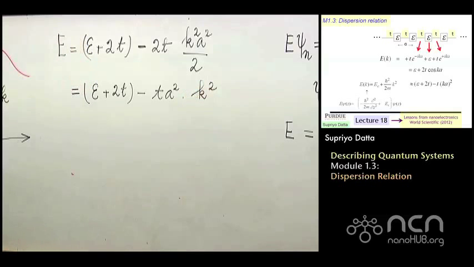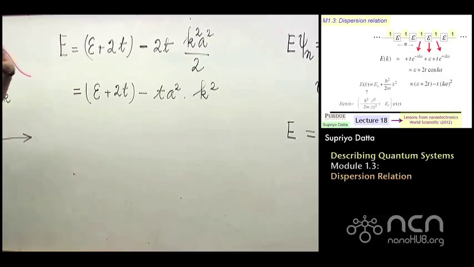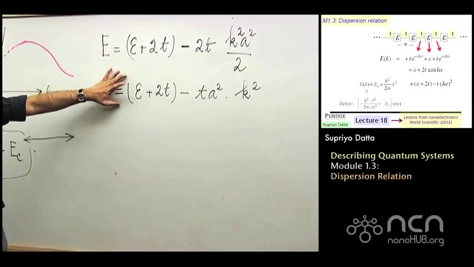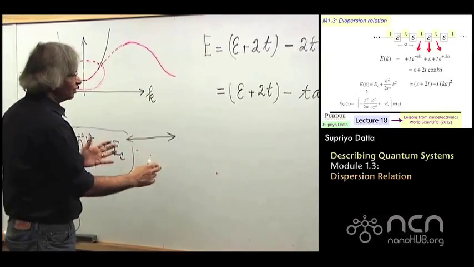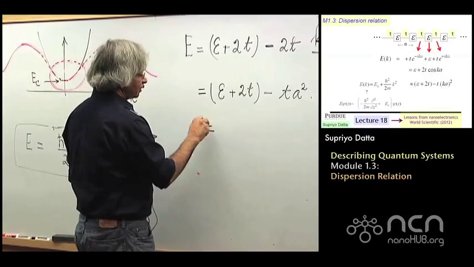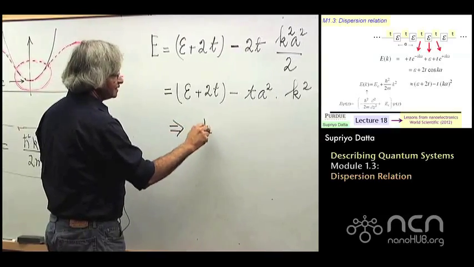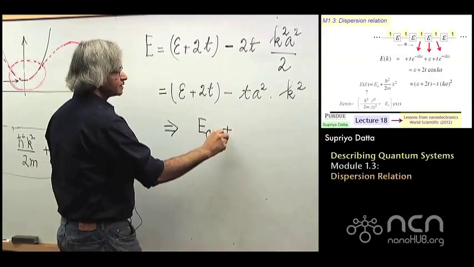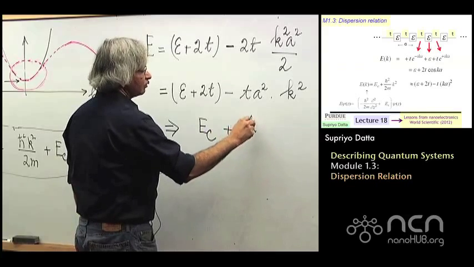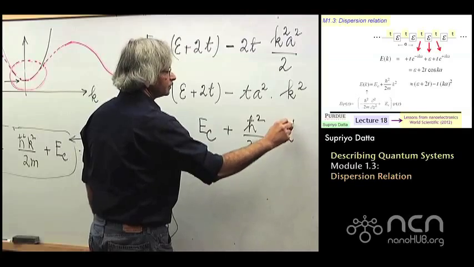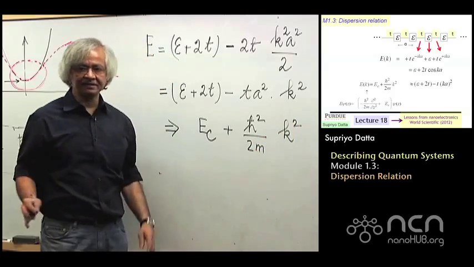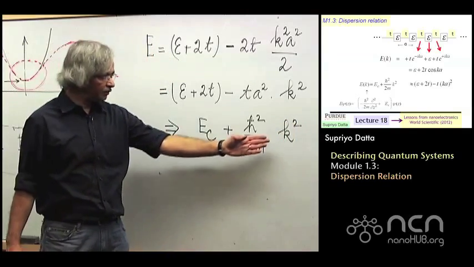This is it. Now, this is the approximate dispersion relation for this matrix equation. And what we want is to make it look like E_C plus h bar squared over 2m times k squared, where m is this effective mass that matches experiment well and so on.